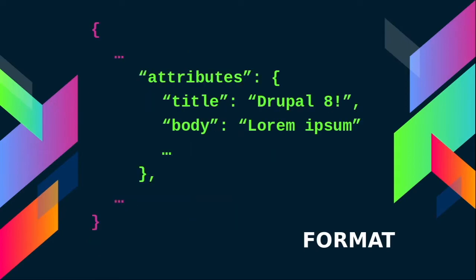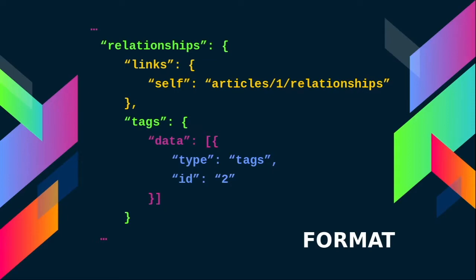Zooming into the attributes, it's just key and value, title and body, and then you have the values there. And the relationships, as they are pointers to other things, you have all the colors again inside of a relationship. And here you can see that relationship tags is an array of things that you need to identify in the server.